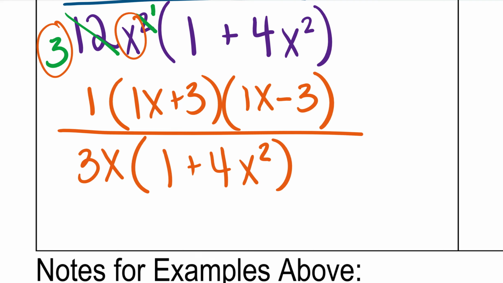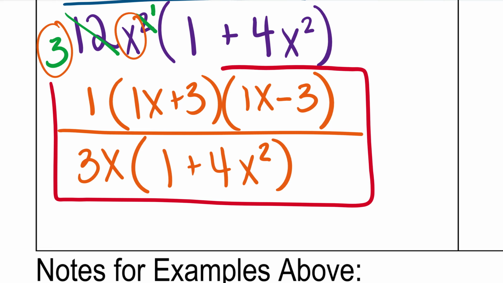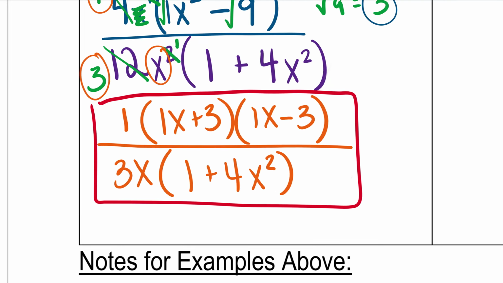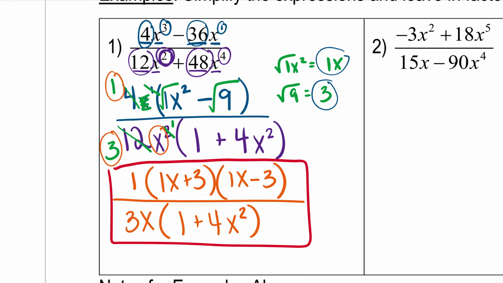On this one, I do not have that, so this would be my final answer right here. Okay, and you'll see in a minute if I have some that match what happens, but on this one I did not. So take out the GCF first, factor any x squares that you can, x squared minus a number, and then reduce. That's really what you're doing. So GCF, factor, reduce.